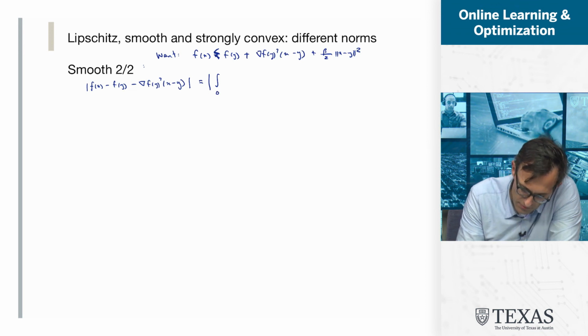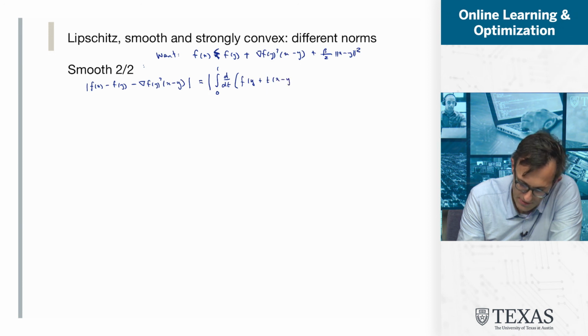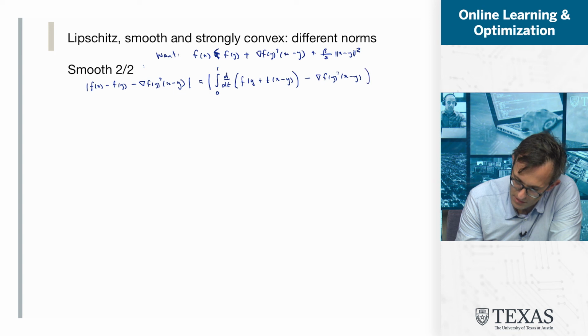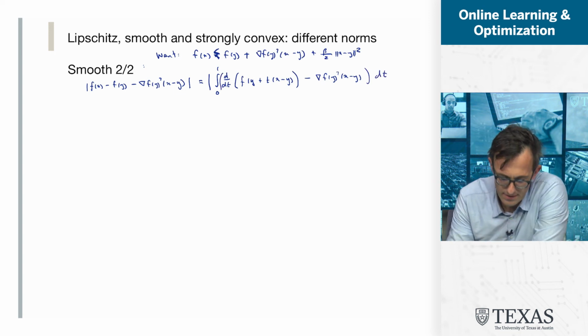The integral from 0 to 1 of d/dt of f of y plus t times x minus y, close parentheses, that's the end of taking the derivative, minus the gradient of f of y times x minus y, all of this dt.